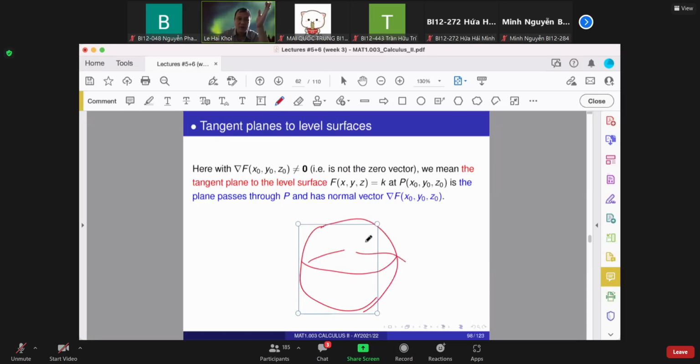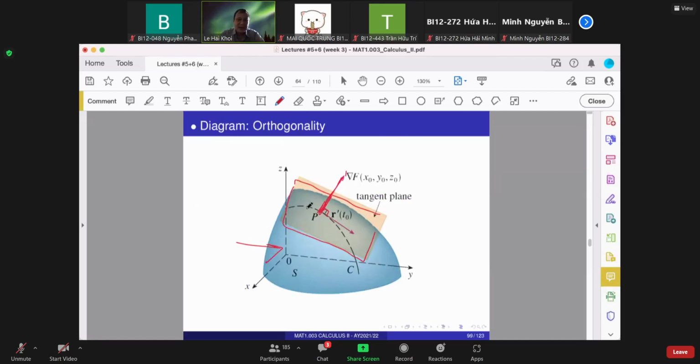You have a ball here and you have a point on the surface. Then you are asked to write the tangent plane to the ball at this point. And of course, we can apply this situation because the level surface, of course not the ball, this is more general, passing through P, and this has the gradient vector as a normal vector, right?